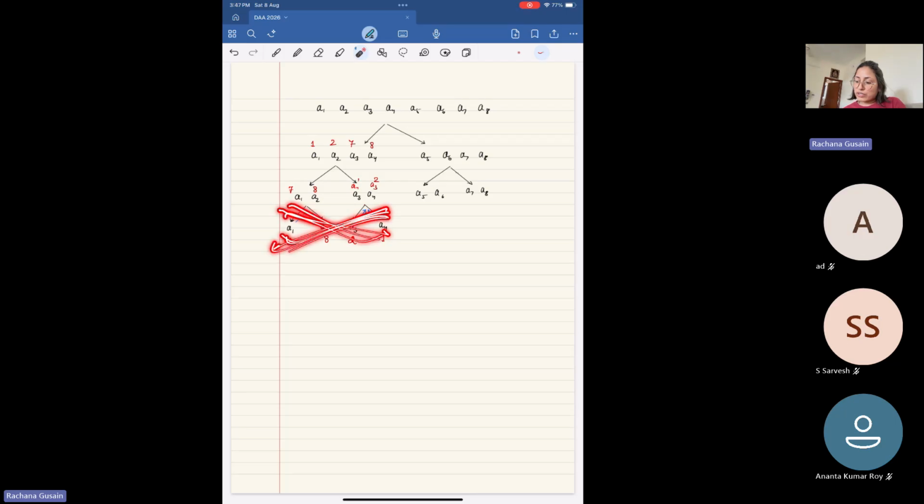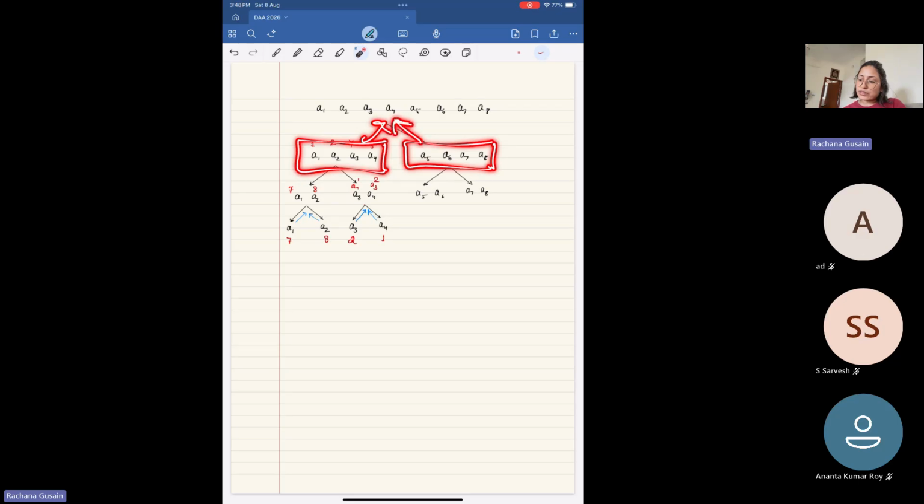The lower parts don't exist. Once these are solved, my goal is to conquer. I mean, in this sorting problem, I want to merge these sorted subproblems so that this one gets solved. And then I can completely forget about this part. Once this is solved, then I move on to the right part and repeat the same steps there. Once this is solved, forget about this entire part. My goal is to merge these two sorted arrays to solve this problem.